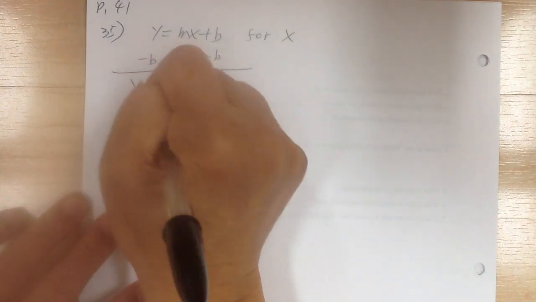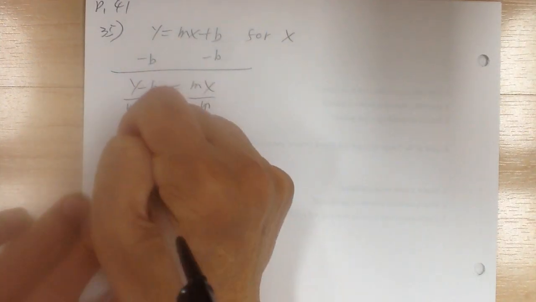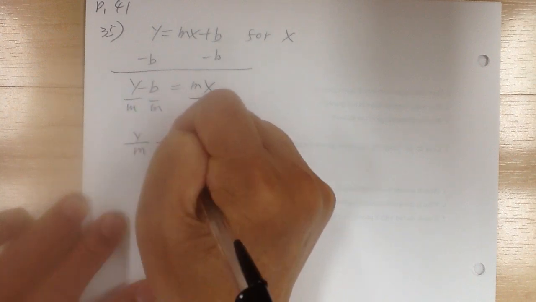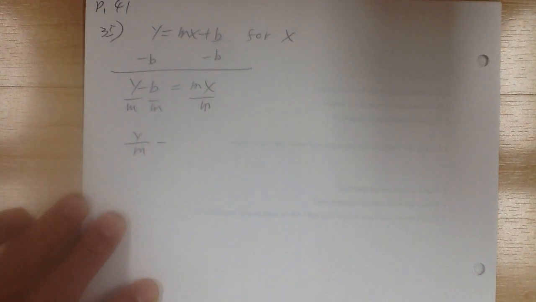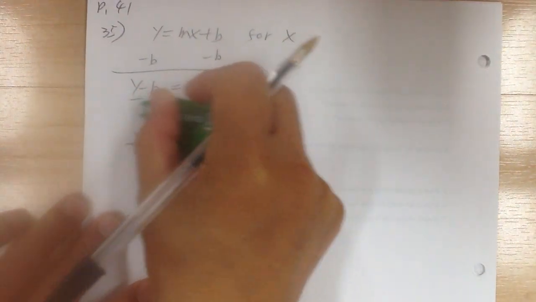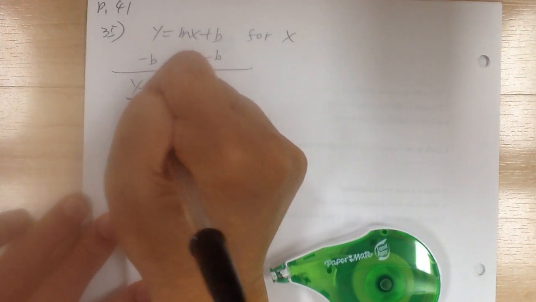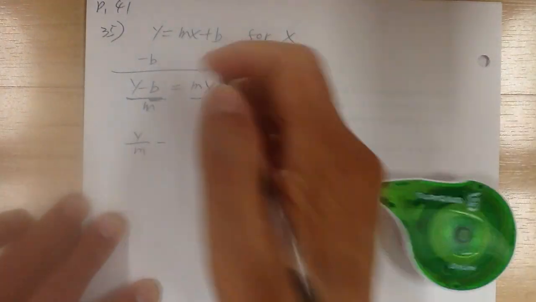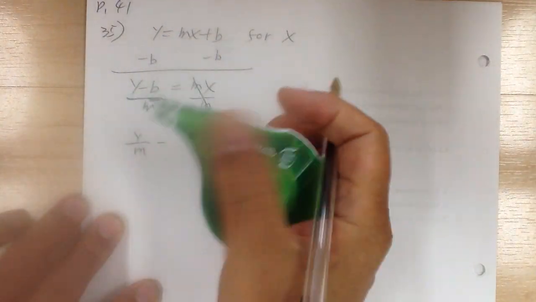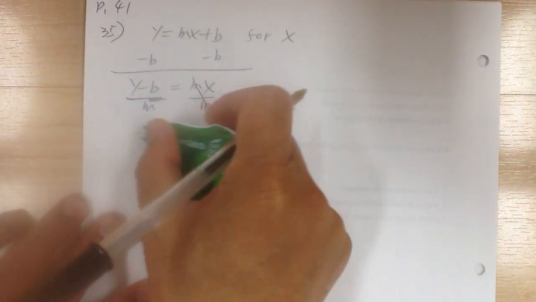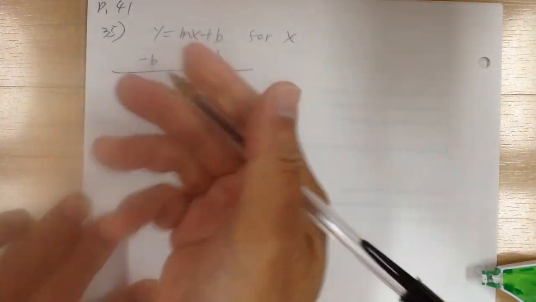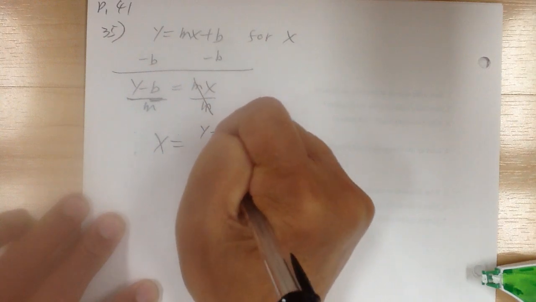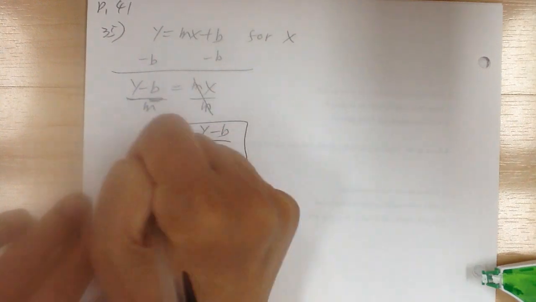So divide by m, divide by m. So you got y over m minus, in the book they kind of just put it together. They just divide this whole thing by m. So just divide by m. Okay? And so that this cancel out. Okay, so you're going to get x equal to, I'm just flipping over. So you got y minus b over m.